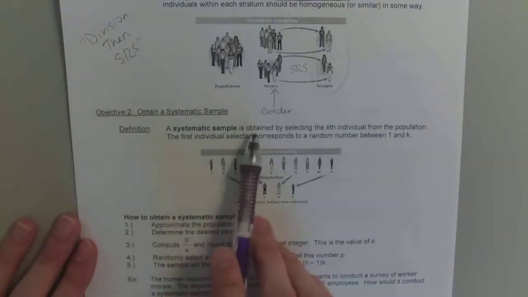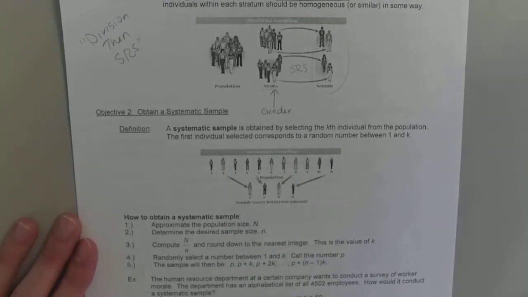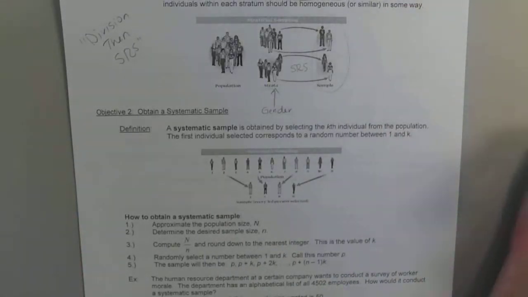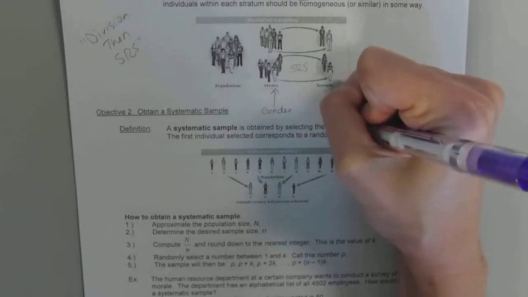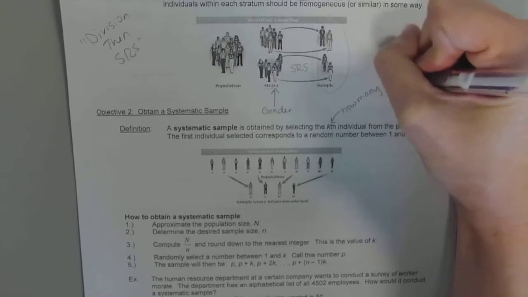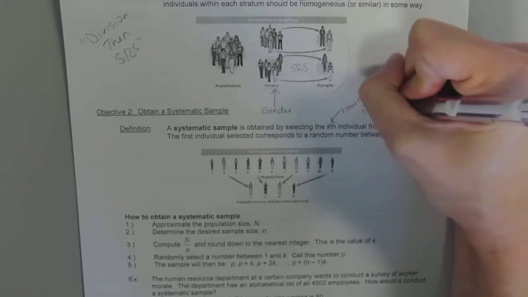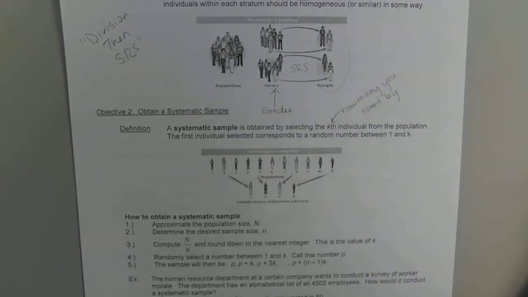So a systematic sample is obtained by selecting every kth individual. This is how many you count by. So if I'm picking every 5th person, my k would be a 5, okay?